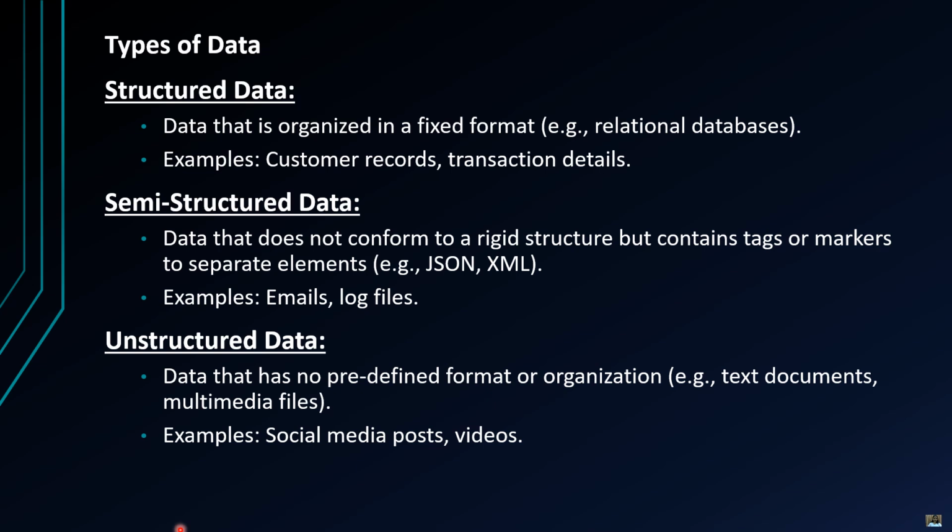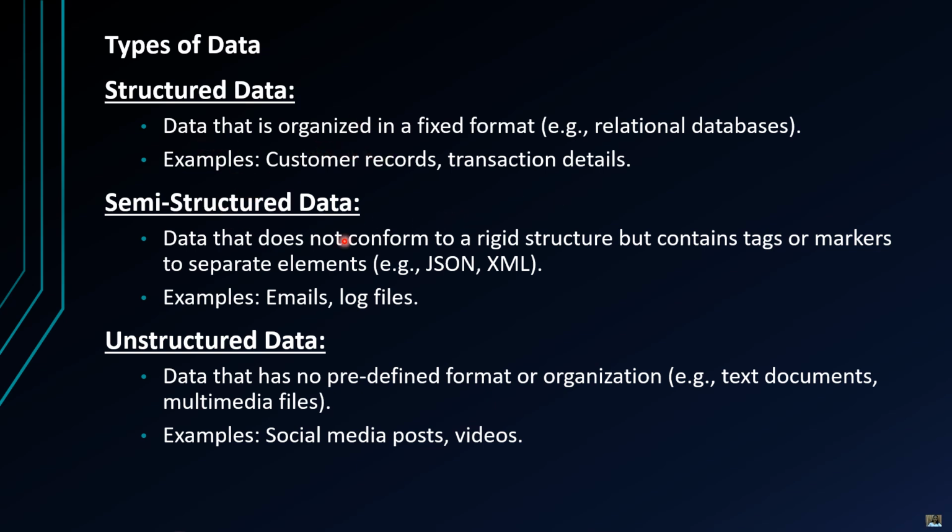Now let's discuss the types of data: structured data, semi-structured data and unstructured data. In structured data, we come across customer records and transaction details, that is, data organized in a fixed format.